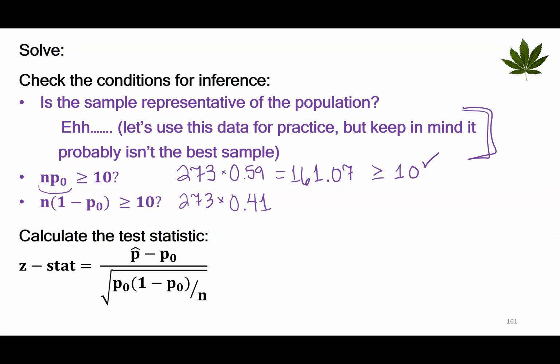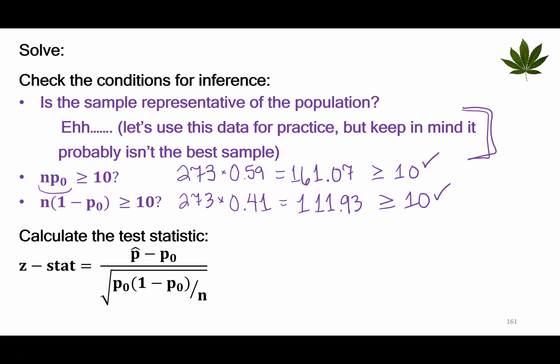So 273 times 0.41, I get 111.93. Note, if I took these two numbers and added them, I would get 273. So this is at least 10 as well. So yes, if the null is true and 59% of everyone approves, then if I took a sample of 273, I would expect at least 10 in each category. So yes, this will be okay.